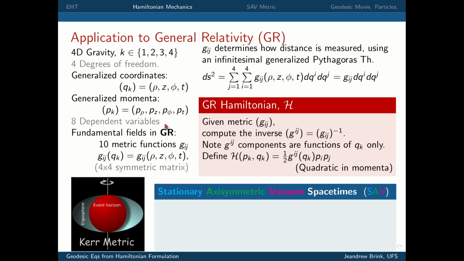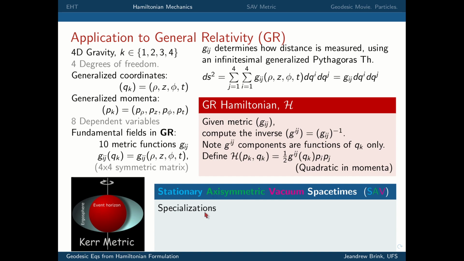And so to do that, we're going to focus the discussion on stationary axisymmetric vacuum spacetimes. We call it SAV, and each one of these words basically permit us to make simplifying assumptions on the metric functions themselves that will simplify the problem we look at. And once again, as I said, we are going to start exploring the simplest unsolved problem as yet.